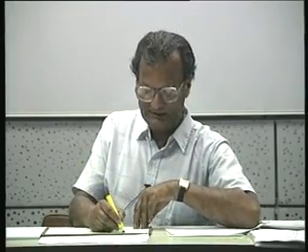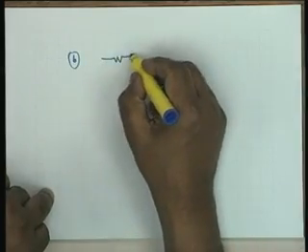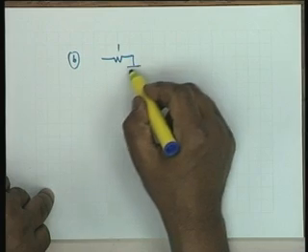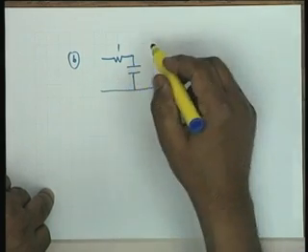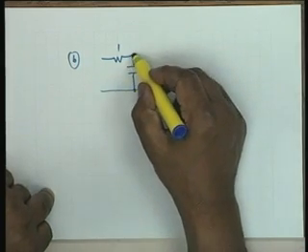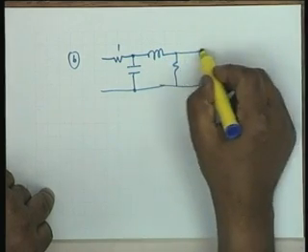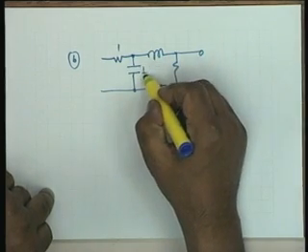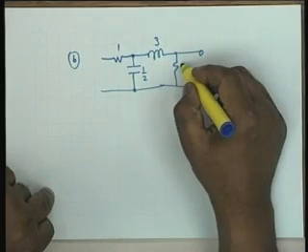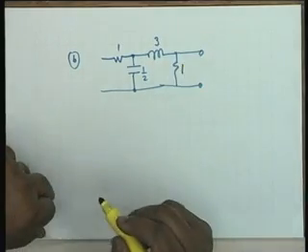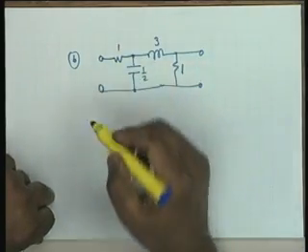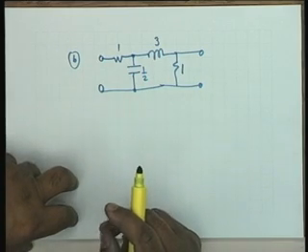The B part is slightly unusual. One has to think a little about it. The network is this, and you see that this is not a pure LC or RL or RC.